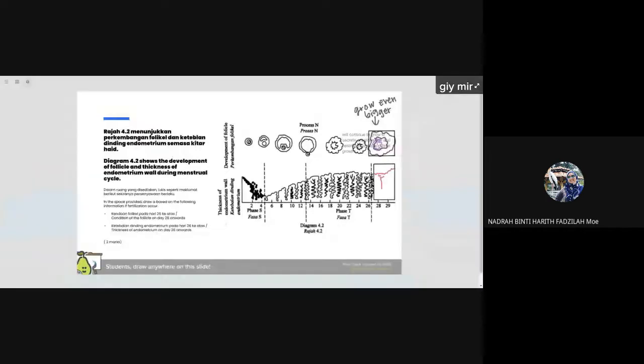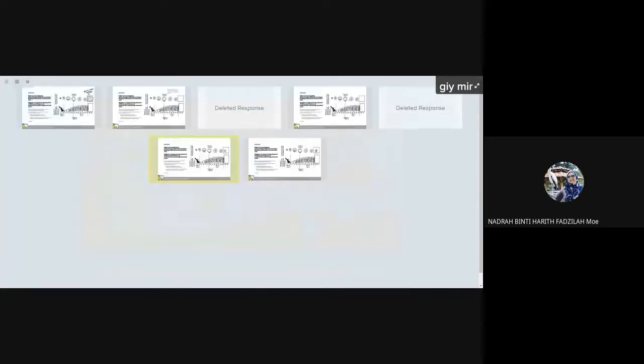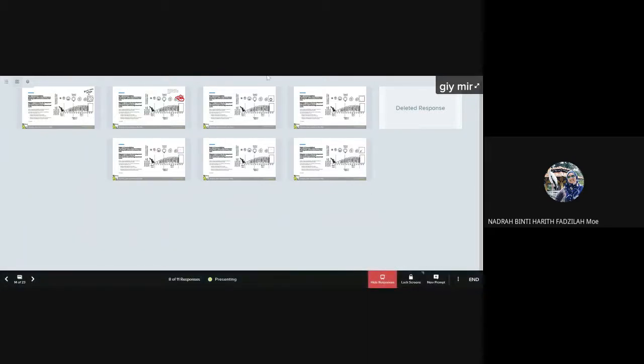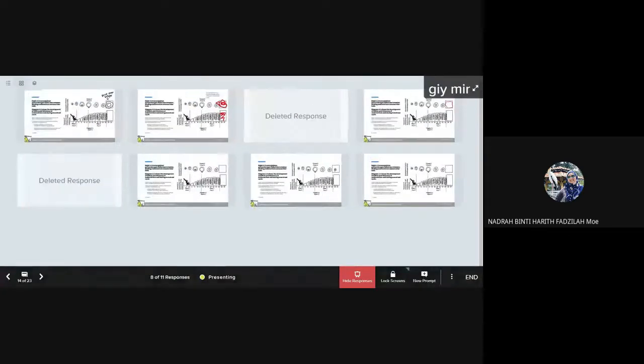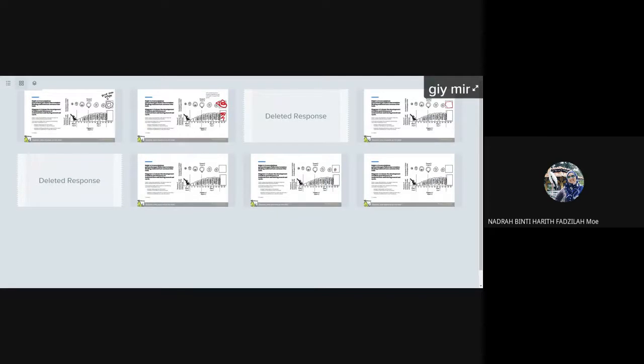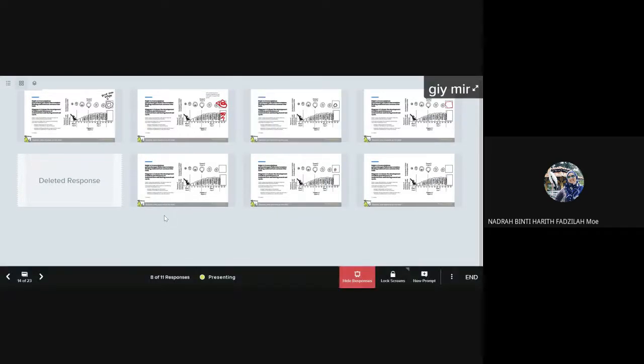Salah pula tekan. Saya ingatkan saya dah apa-apa dalam Google Meet dah. Oh, grow even bigger. Lukis. No need to justify. Lukis saja. Rajin betul dia lukis ya.